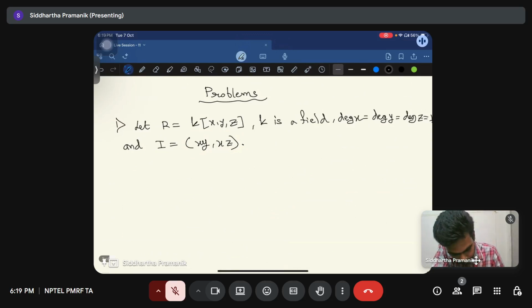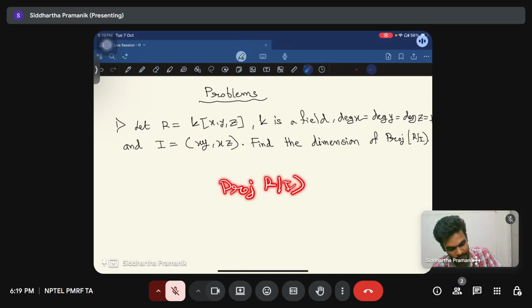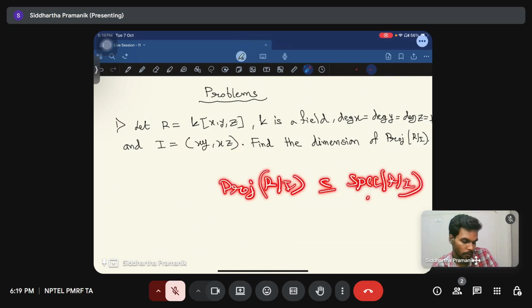Then find the dimension of Proj of R mod I. So Proj of R mod I is basically a subset of Spec of R mod I, and we know the definition of dimension of closed subsets.